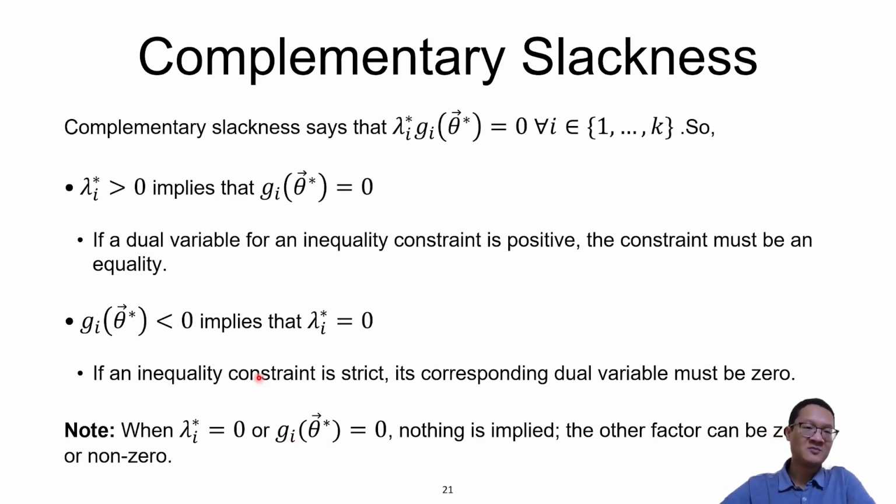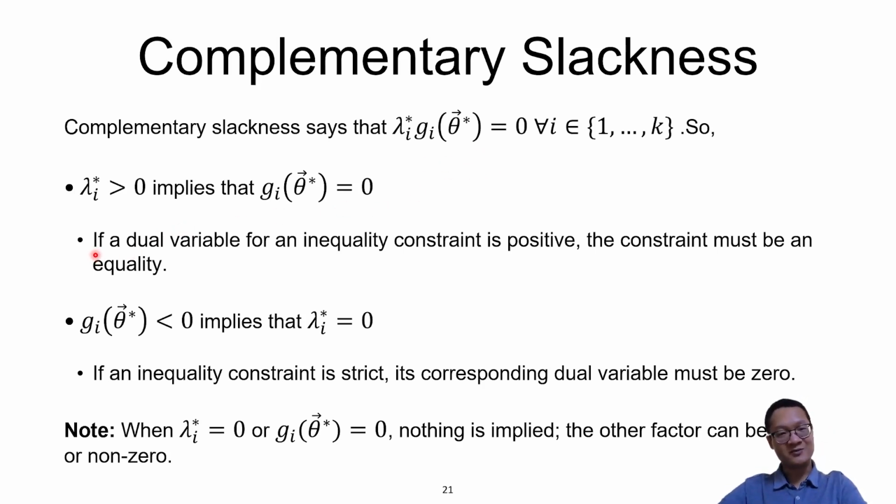Complementary slackness says that lambda i star times gi of theta star equals 0 for all i. That means that if lambda i is strictly greater than 0, then gi of theta star must be equal to 0, because they multiply together to be 0.